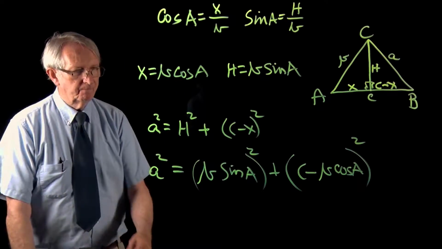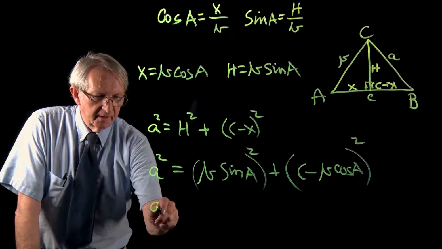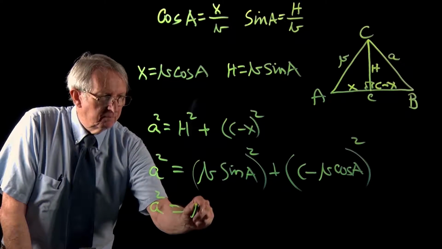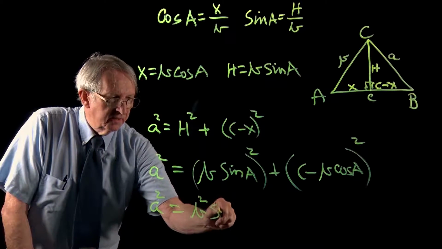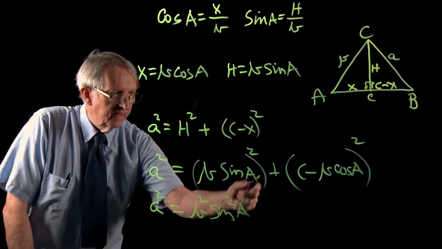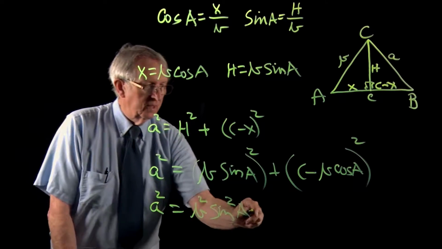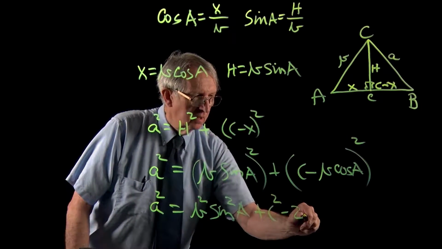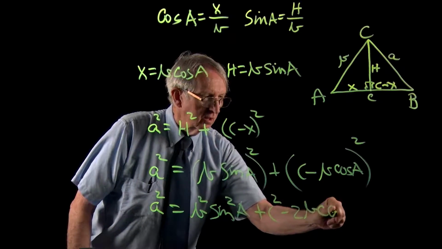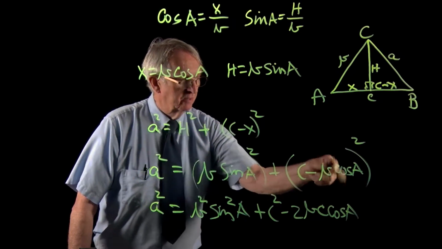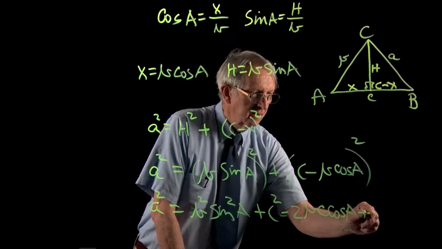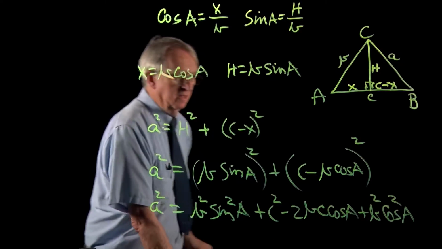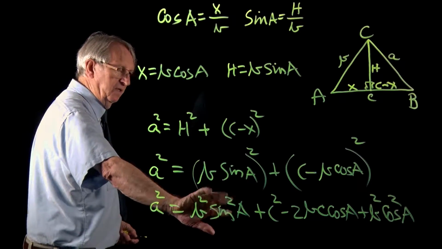If I expand this thing out, I say that a squared is equal to b squared sine squared of a, that's just this squared right here, plus c squared minus 2bc cosine of a, that's the middle term of this multiplication, plus b squared cosine squared of a. And there it is. All that simply says is I took this and squared it here, took this and squared it there.